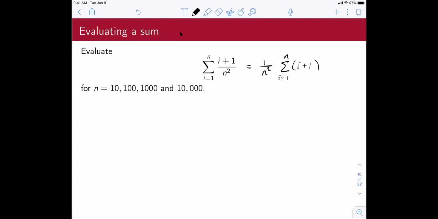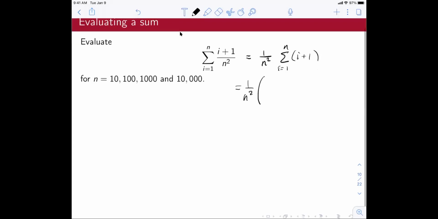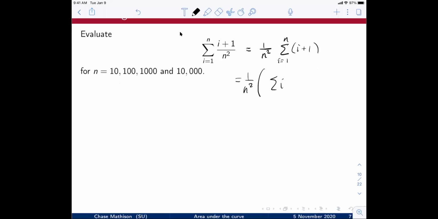The other thing we can notice is this is 1 over n squared times the sum of i plus 1, which I can write as the sum from i equals 1 to n of i, in double parentheses, plus the sum i equals 1 to n of 1. So you can break a sum apart into its individual pieces, as long as you're adding each piece.